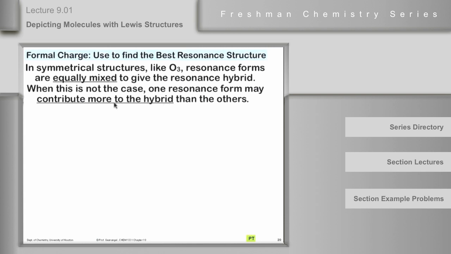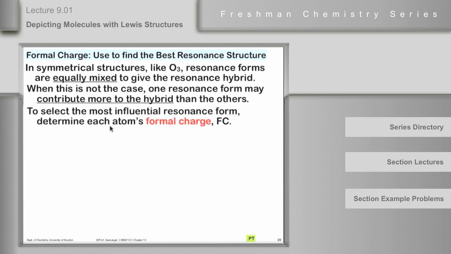And we need a tool to help us tell which one that will be, because the properties of the molecule are indicated by the properties of the hybrid, not the resonance forms individually. And so we need to be able to describe the hybrid if it's not symmetrical. And we have a way to do this.